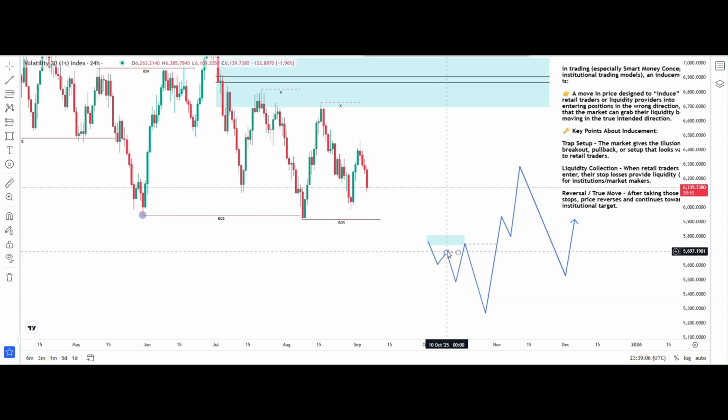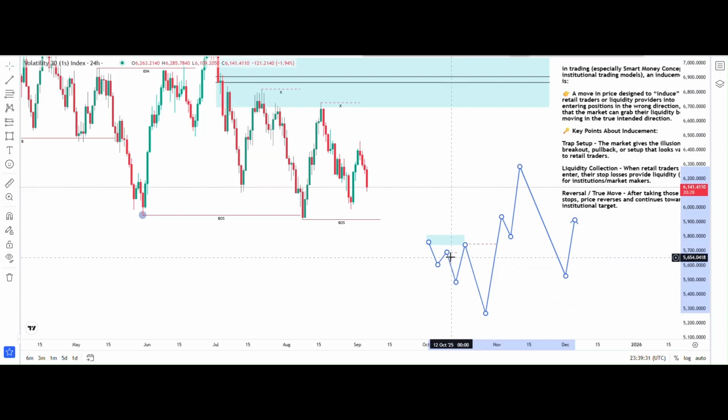And since this pullback high never took out any inducement, because the inducement that would have been valid for it to take out would have been the high previously, which is the high that we marked as the area of supply. And if that high was taken out, then there would have been no need for the market to pull all the way back here, right? If you understand what I'm saying.